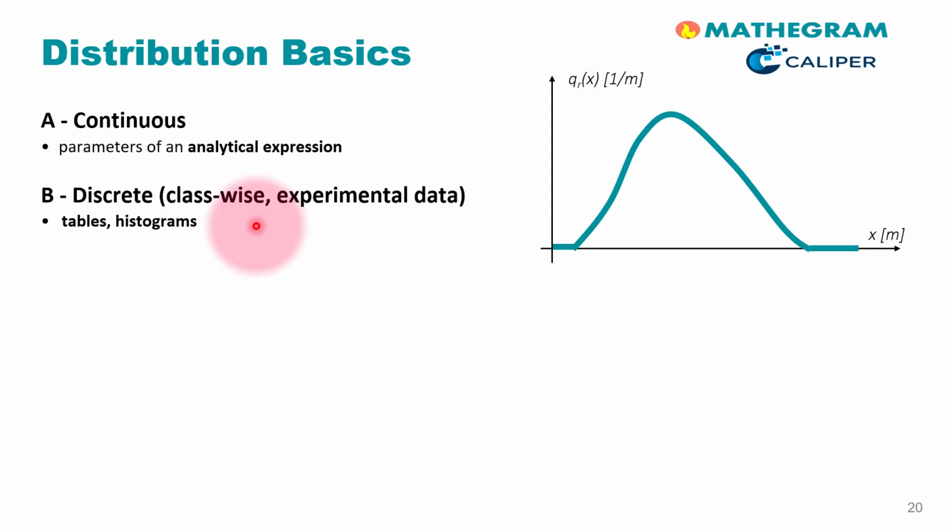It is important for you that discrete does not mean in this context that we use a per particle description, but that we introduce size classes. Discrete distributions are represented by tables or histograms in practice, and this is illustrated here on the right with the bars.